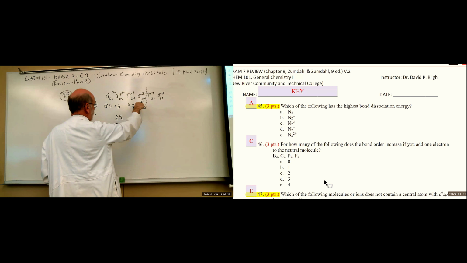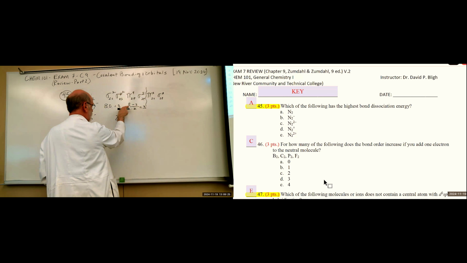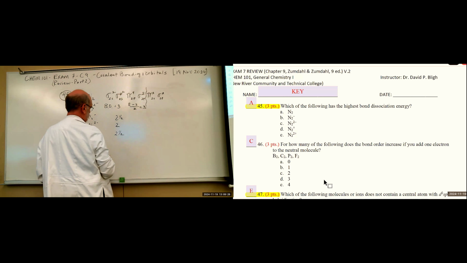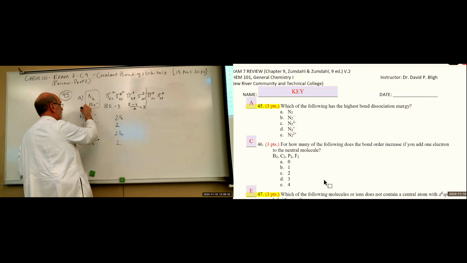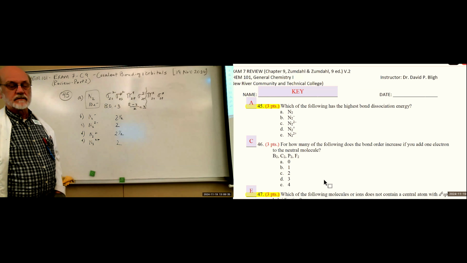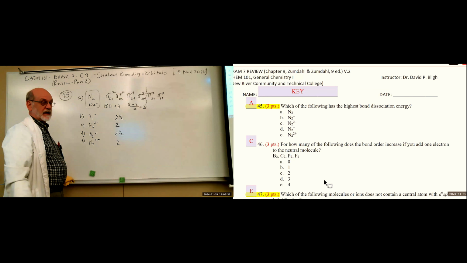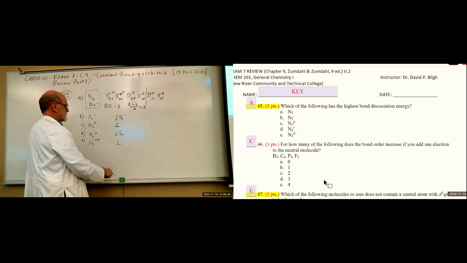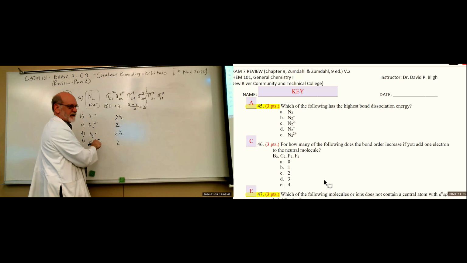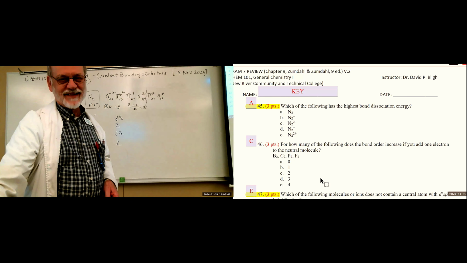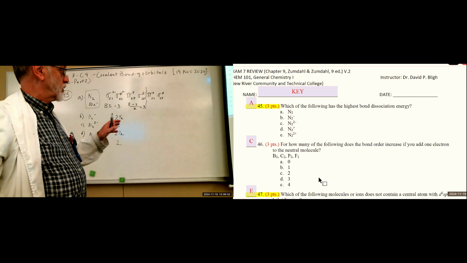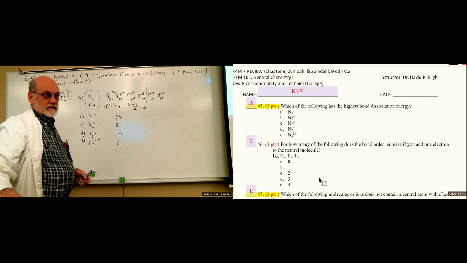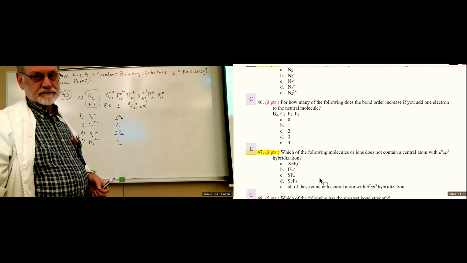We were affecting this one by adding negatives. Now we're affecting this one by removing the positives. So we're doing effectively the same thing. And this one still has the strongest bond. It has the triple bond. And this is a 2.5 bond. That's a double bond. So that's why the bond dissociation energy is highest for the neutral dinitrogen molecule.